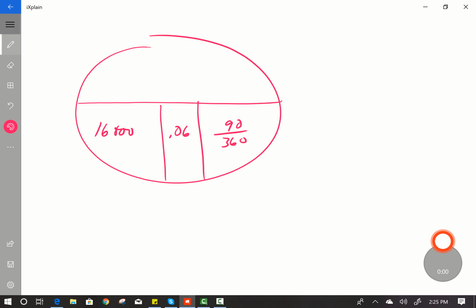Let me calculate that. That equals $240. $240 is the total amount of interest that will be applied to this particular problem if no partial payments were made.